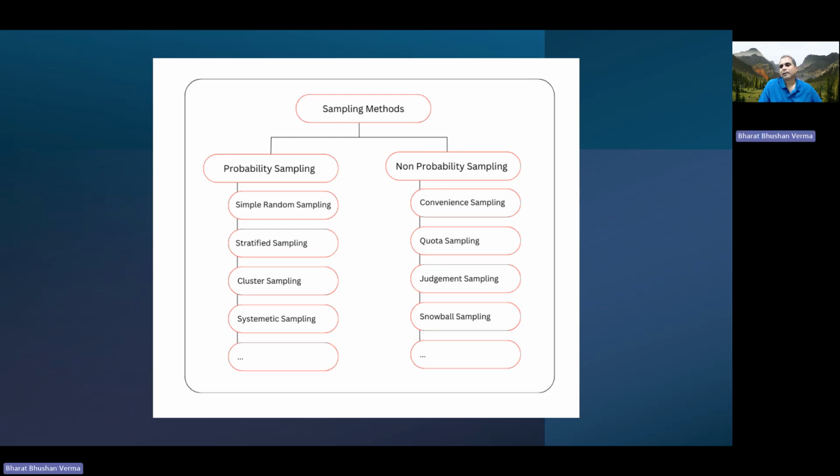Next one is judgment sampling. In this case, it depends on the expertise or knowledge of the person. When you are collecting information which requires a deeper or intense understanding of a particular subject, we would do judgment sampling.